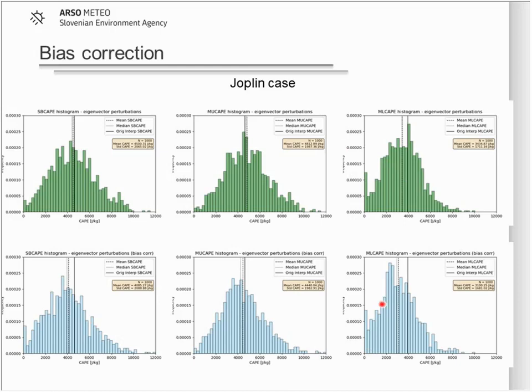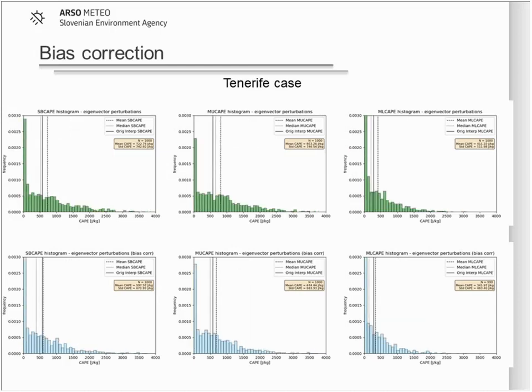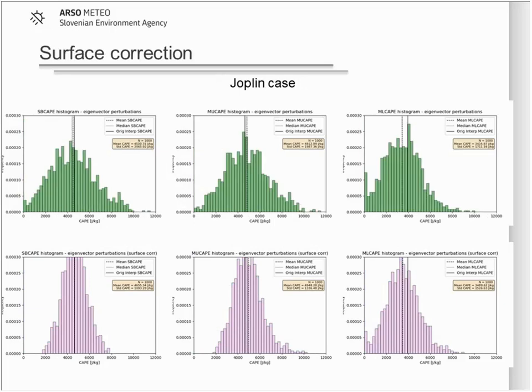There's a little bit less spread for the mixed layer CAPE, but it's not much. When we go to the Tenerife case, for the mixed layer CAPE we have much smaller spread, but again we just get lower values of CAPE.